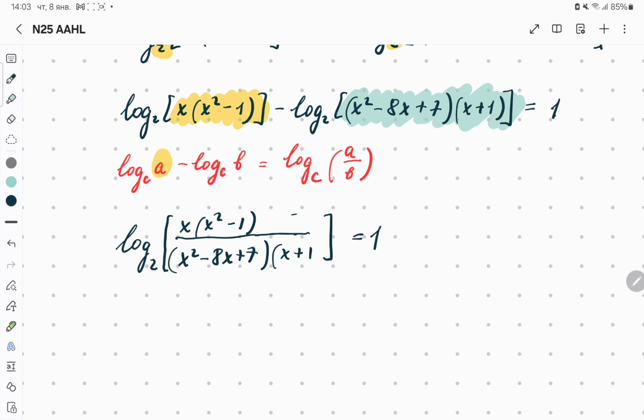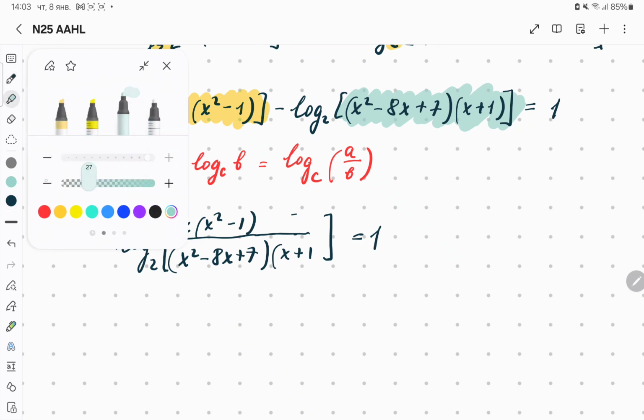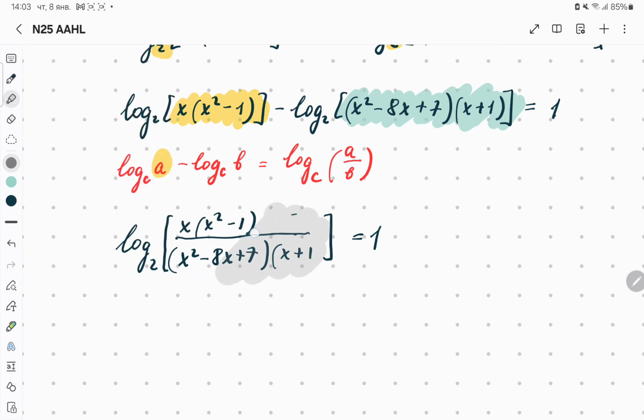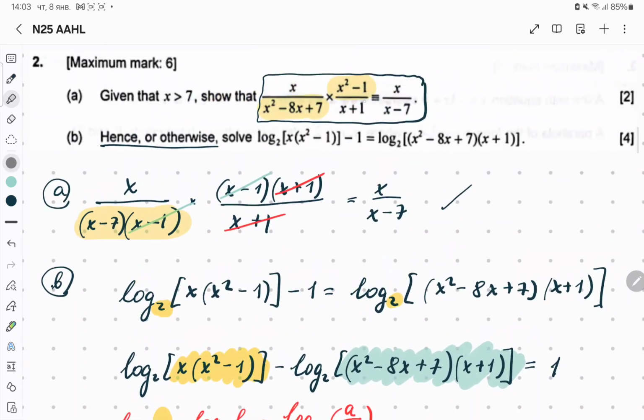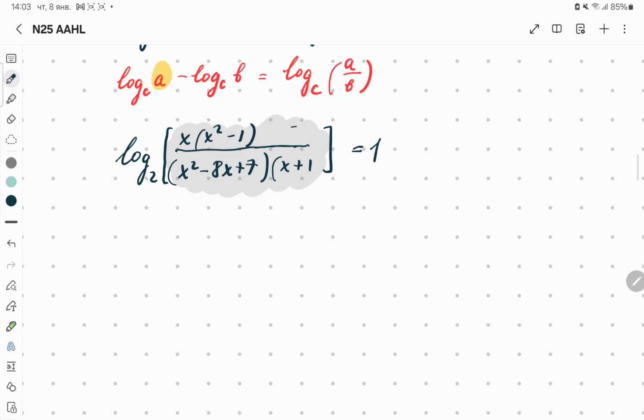Now this expression looks huge and scary, to be honest. But if we look at part A, we have exactly the same thing, and this thing is equal to x over x minus 7. Let's use part A here. So let's show that it is equal to x over x minus 7.